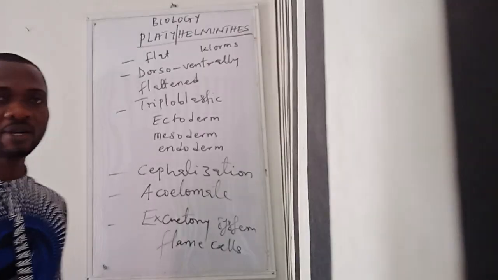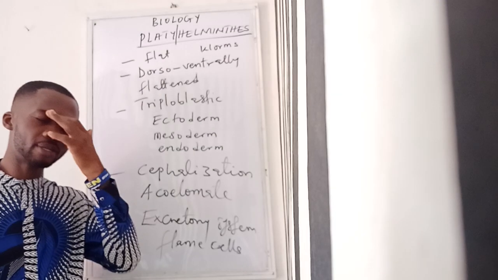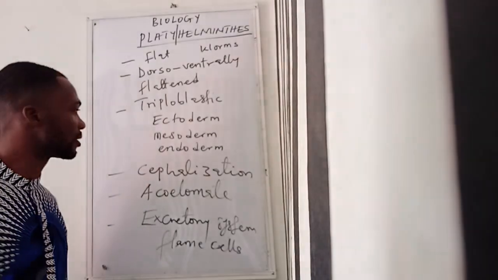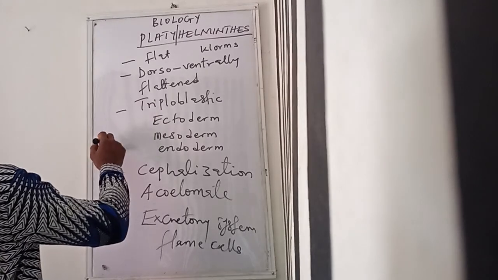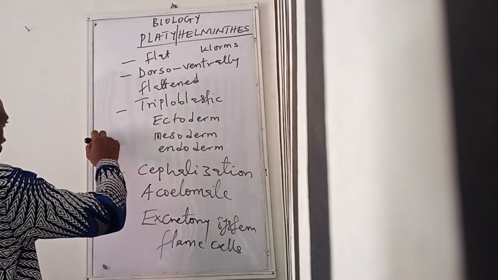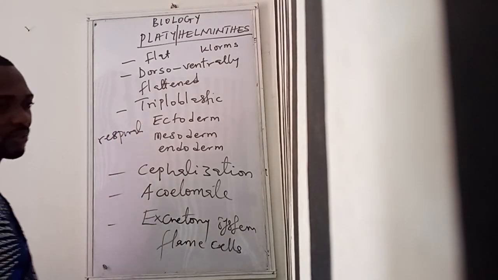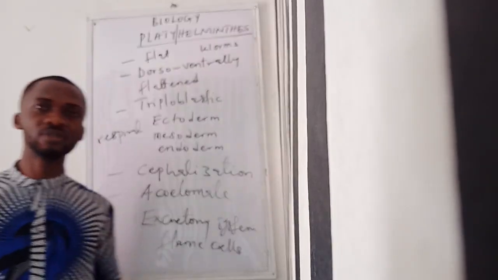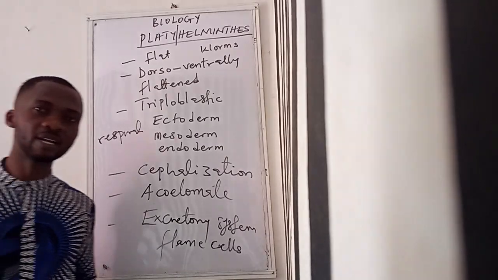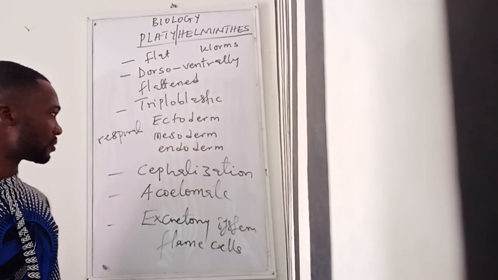These cells help them to carry out excretion. And of course, you should also know that they lack respiratory and circulatory systems. Yes, that is another characteristic of members of this group.